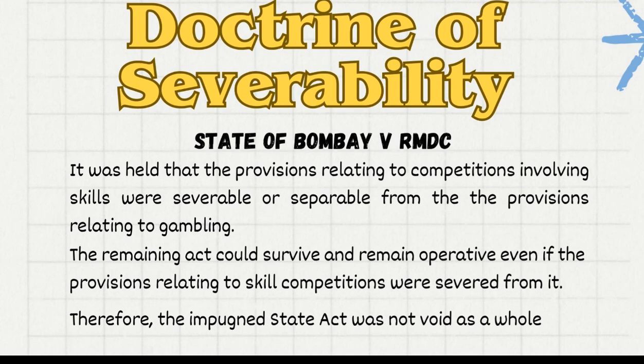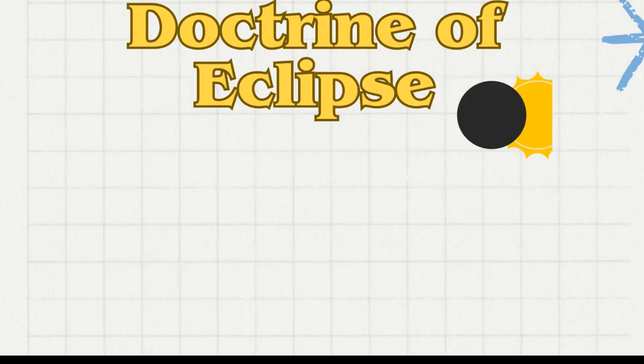It was held that even if the provisions relating to skilled competitions were severed or expunged from the state law under challenge, the state law could survive and remain operative without any difficulty. Hence, in this case, the unconstitutional provisions of the concerned act were severed from the remaining act, and the rest of the act continued to remain operative and effective.